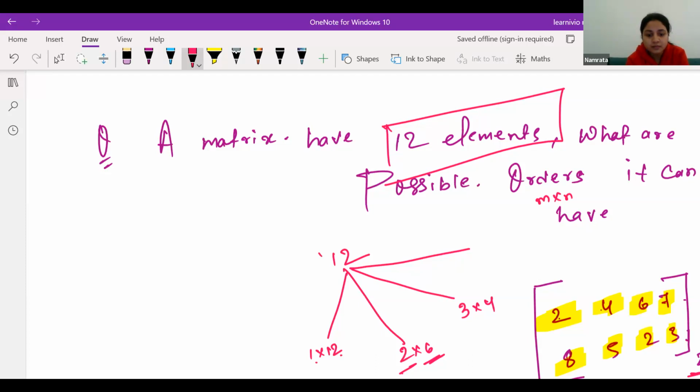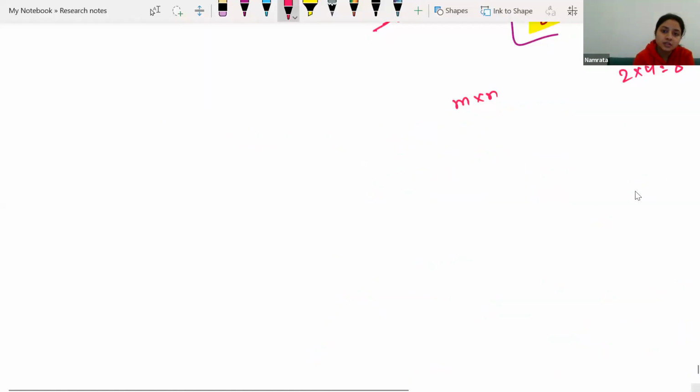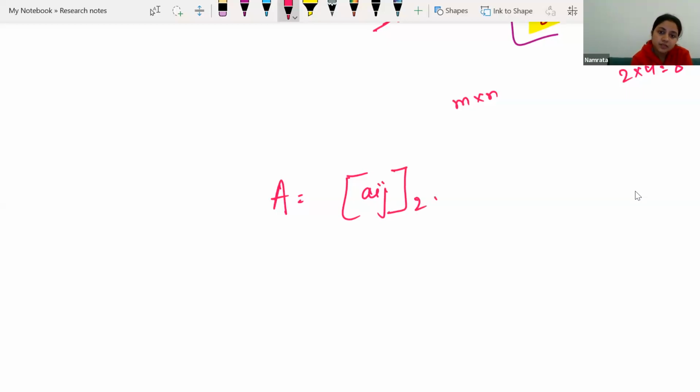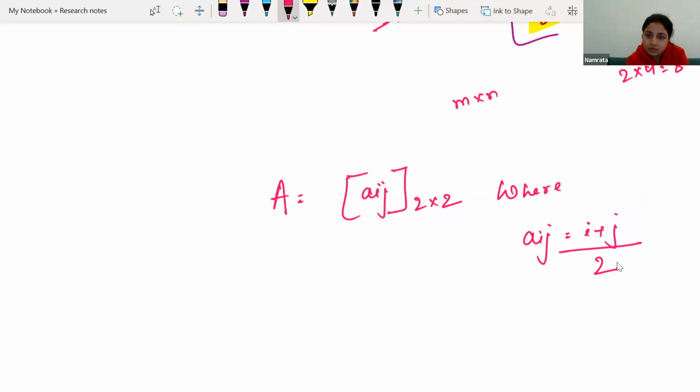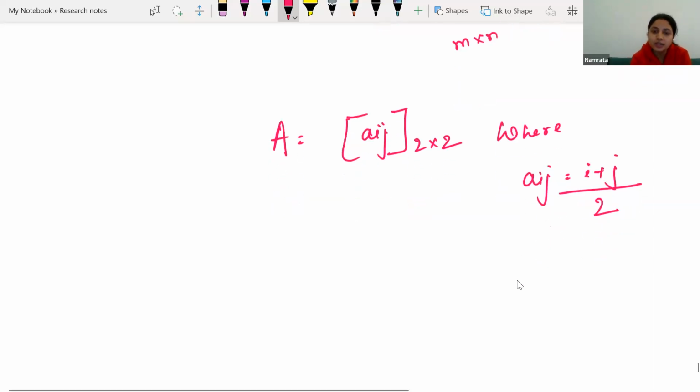Yes, ma'am. If the question says construct a matrix A, where A is given as aij, 2 cross 2, where aij is equal to i plus j by 2. If this condition is given, then we have to make a 2 cross 2 matrix.